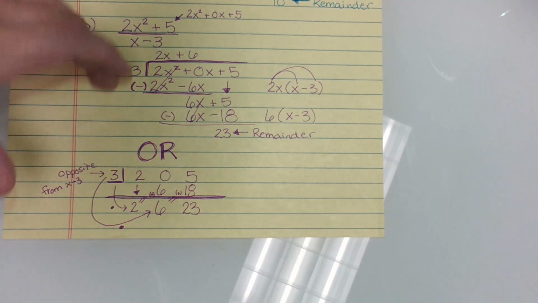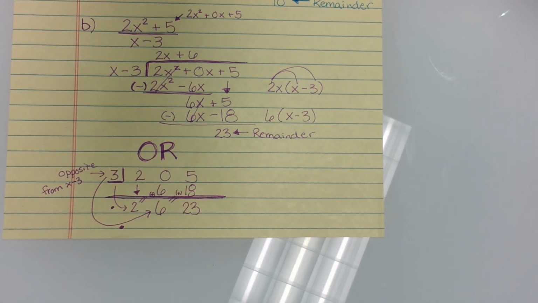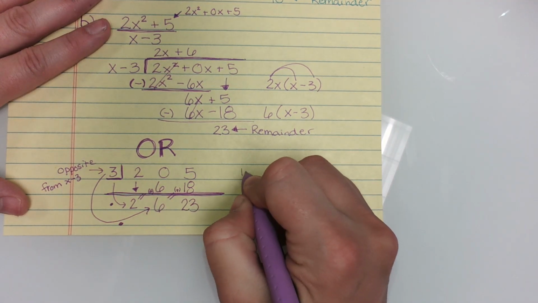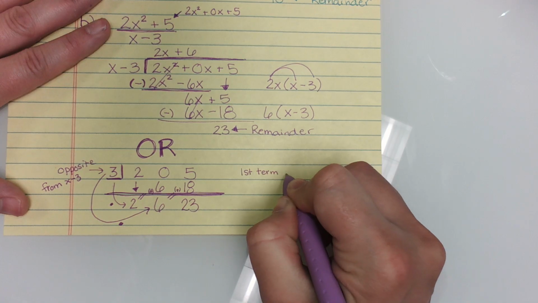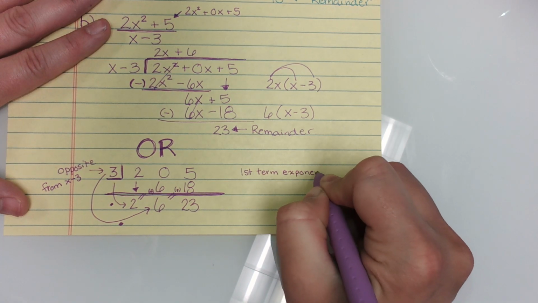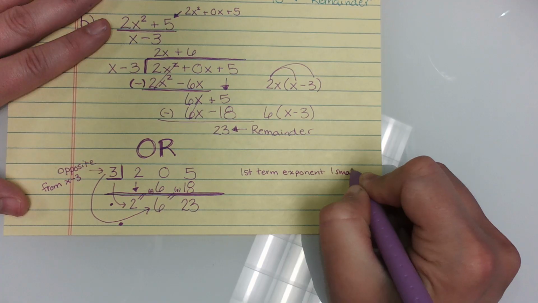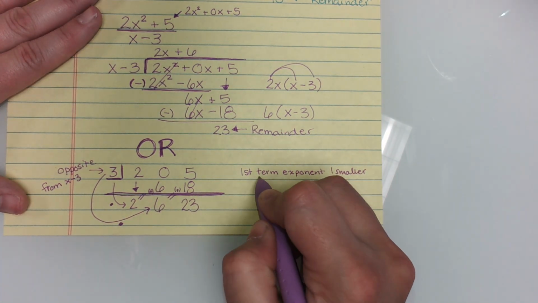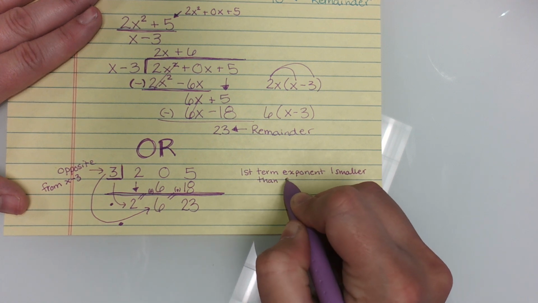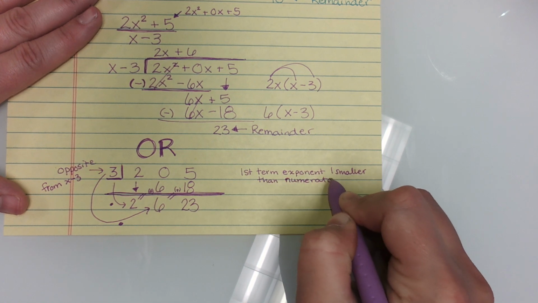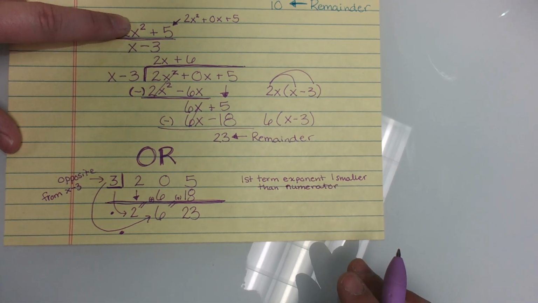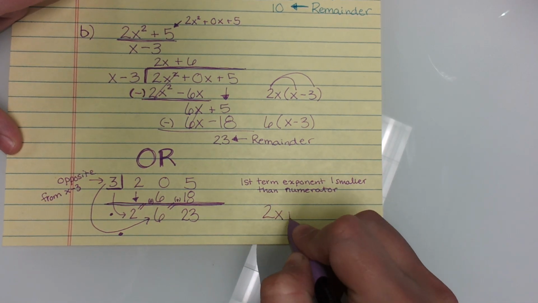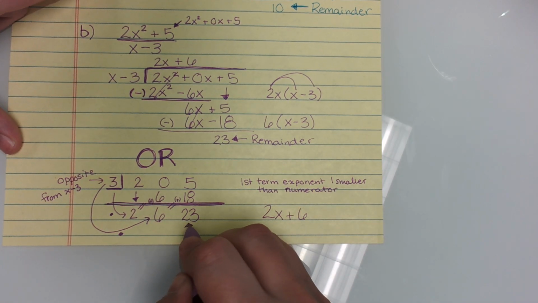And we get 23. The first term is always the term that has an exponent 1 smaller than what was in the numerator. Since the numerator started with a squared, this one starts with just a regular x. Hence 2x plus 6, and then this last one was the remainder.